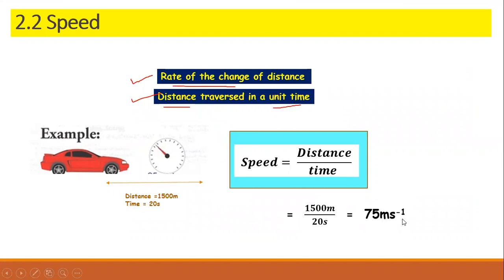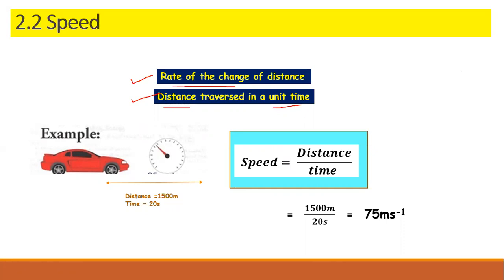That is the answer. It may not be practicable or it may be practicable. This is just a calculation. So within 1 second, it moves 75 meters. So that is the speed.